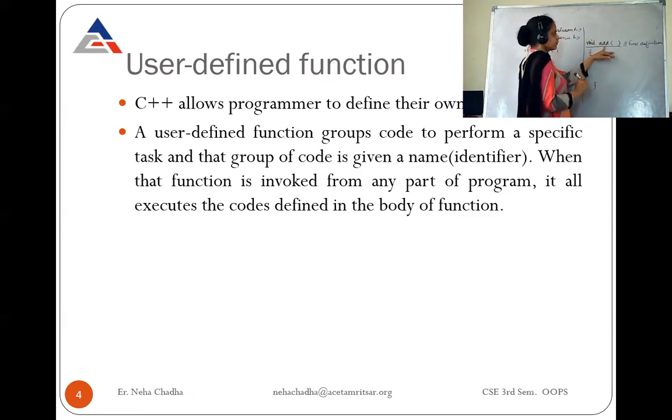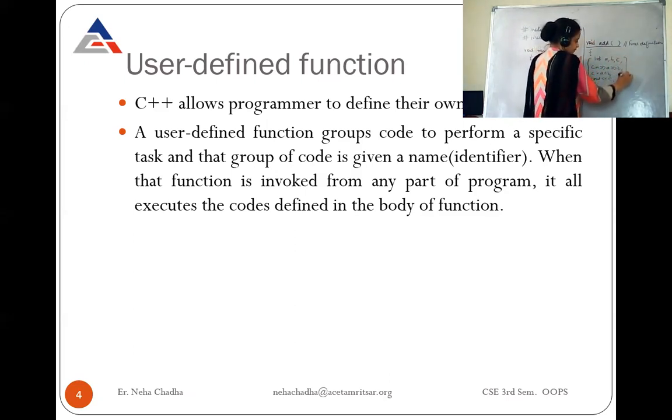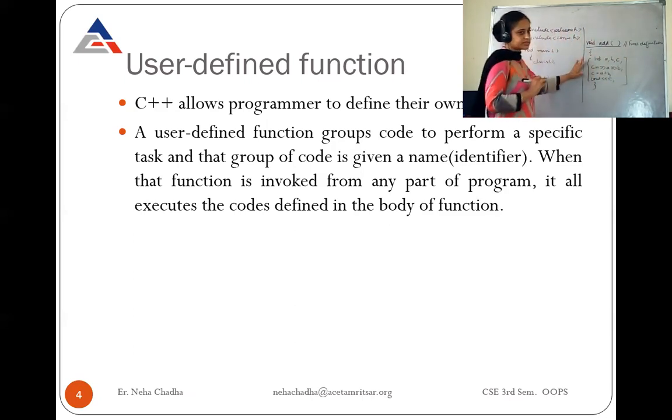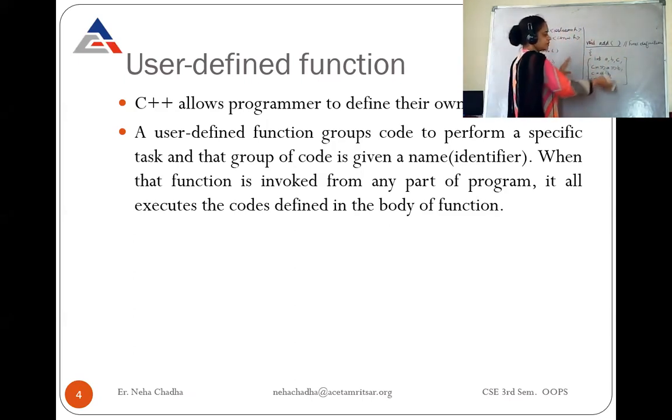If you have to make the program for addition, what will you write here? Int a, b, c, cin the values of a and b, and c equal to a plus b, cout c. If you consider this code, this will be similar to what you will write in your void main section. But I have put this code under the function.